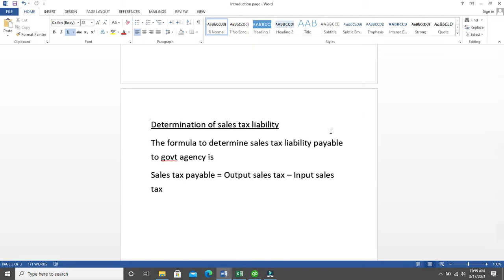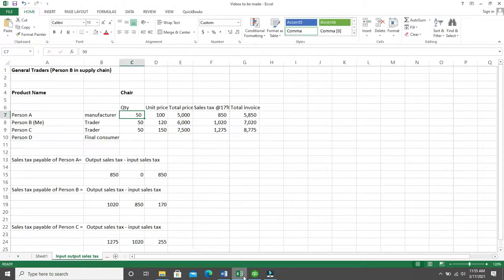It is output sales tax minus input sales tax, that is, sales tax collected by a person from his sales tax invoice, subtracted by the input sales tax which he has paid to his vendor on his purchase bill. I've also prepared an illustration for you, so let's check it out.